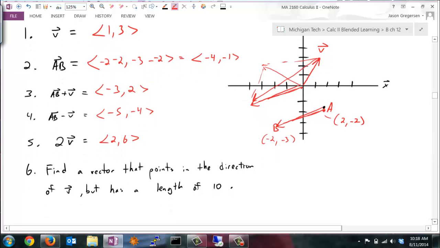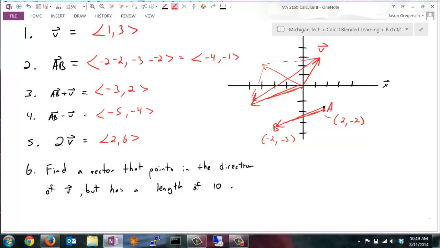Now, that last one's a little bit trickier. Find a vector that points in the direction of v but has a length of 10. How do I do this one? Absolutely. The reason I like that unit vector is because it has a nice known length.